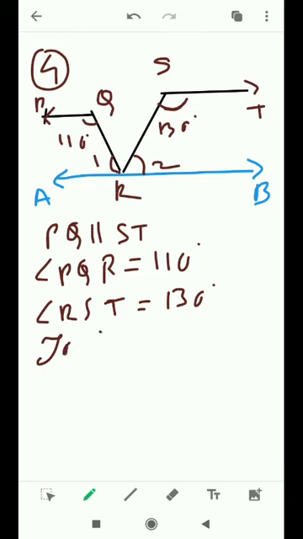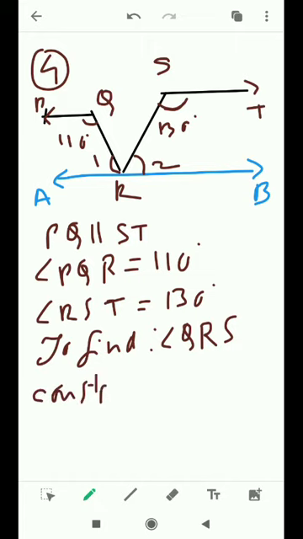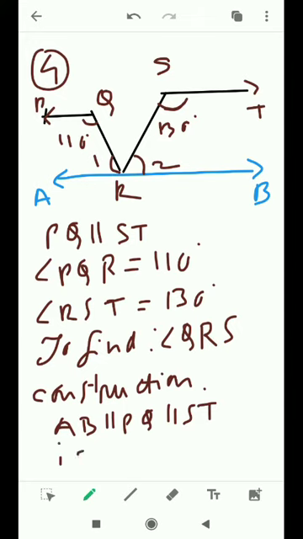And you have to find angle QRS. So now one construction we have done here. The construction is AB parallel to SC is drawn. Since PQ is also parallel to SC, it is parallel to PQ also.